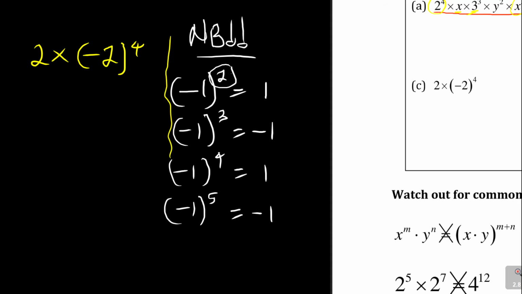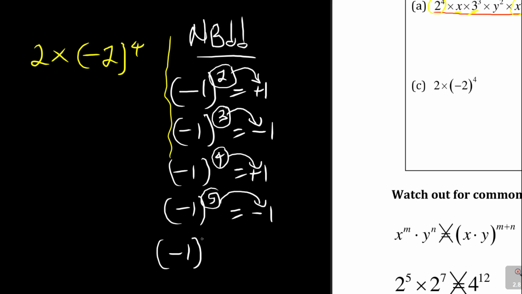If it's 2, it becomes positive. If it's 3, it becomes negative. If it's 4, it becomes positive. If it's 5, it becomes negative. Meaning, if I say minus 1 to the exponent n, and n is an even number, what will I get?